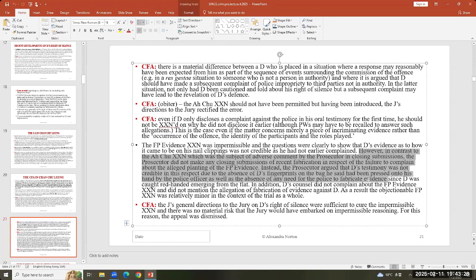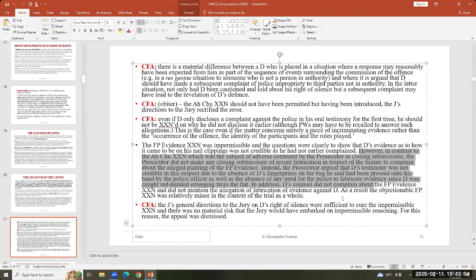And I think this is also crucial. At the trial, defense counsel had not objected to the cross-examination about the fluorescent powder evidence. Now, this is something that you see quite often as given as a reason for dismissing an appeal. The court on appeal will refer to the deafening silence from the bar table.